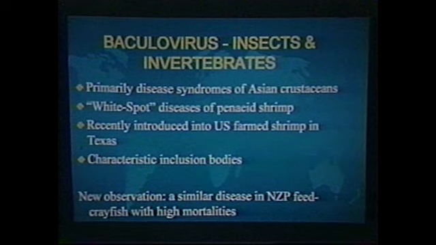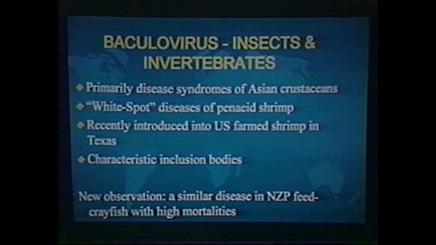Now what I'd like to do is to talk about a very interesting virus that, if you remember my list of how diseases get into the various zoo settings, we mentioned food products.